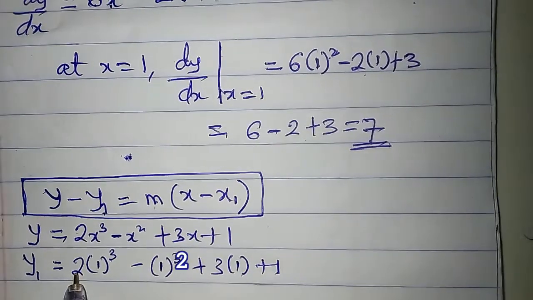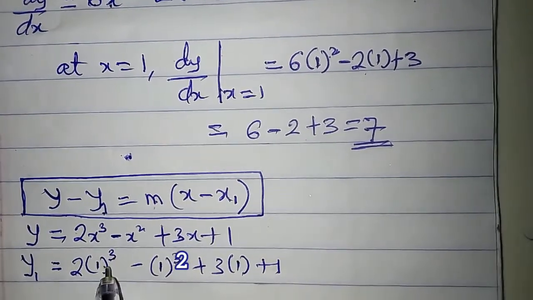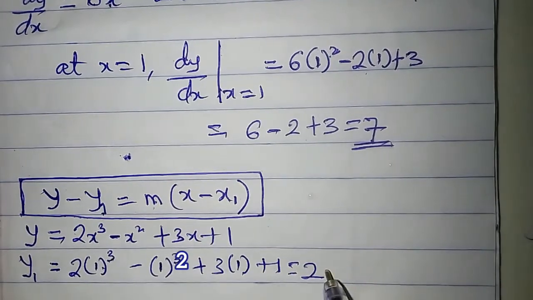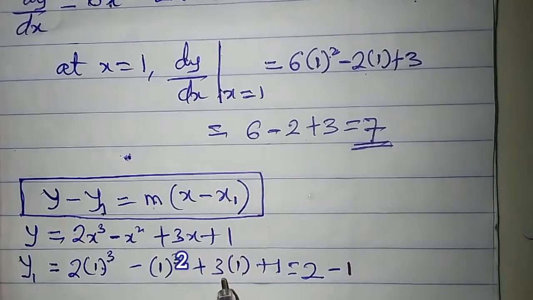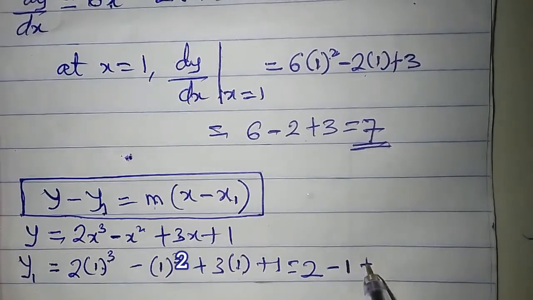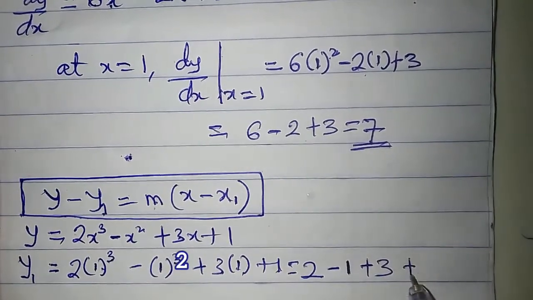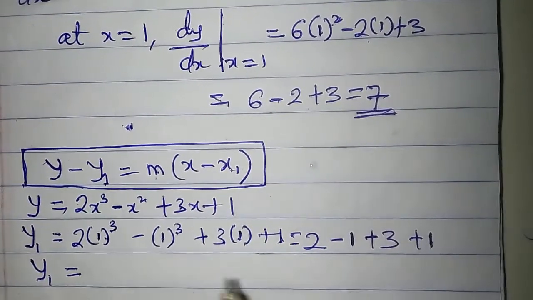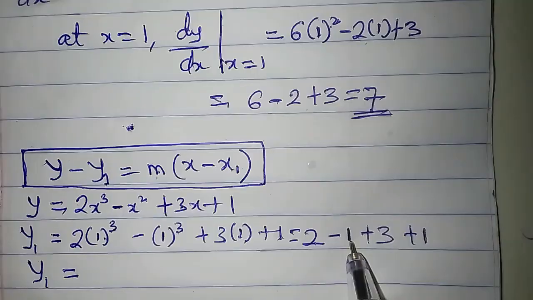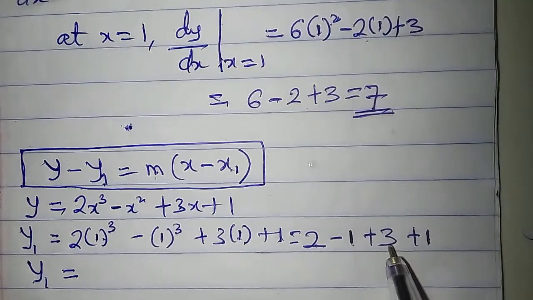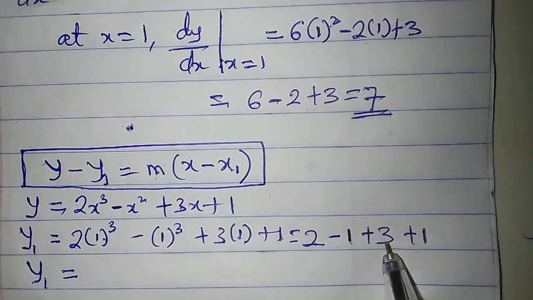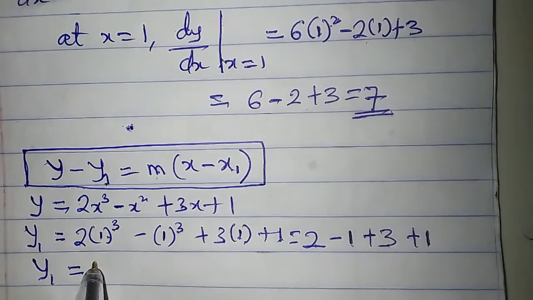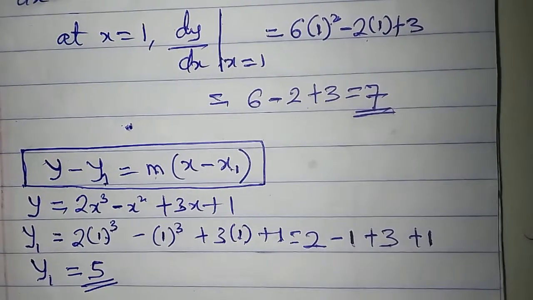Okay? 1 cube is 1. 2 times 1 is 2. 1 squared is 1. 3 times 1 is 3. Then plus 1. Alright? So y1 will be equal to 2 minus 1 is 1. 1 plus 3 is 4. 4 plus 1 is 5. y1 is equal to 5.